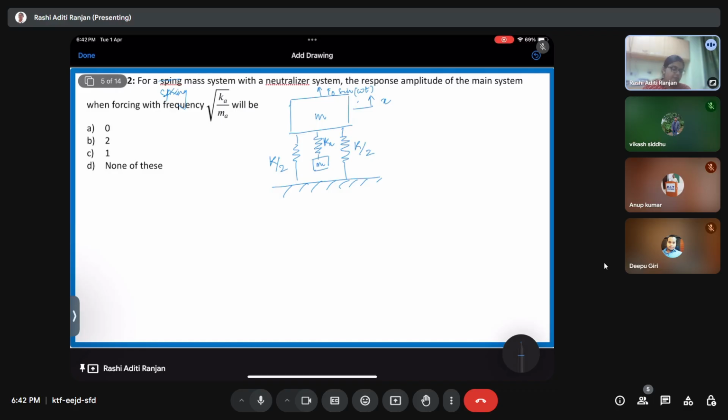So you see, if I talk about the steady state behavior of my system, in steady state, x of t is going to be what? Let us say some X sine omega t, and xa of t is going to be, this is the steady state vibration of my system.